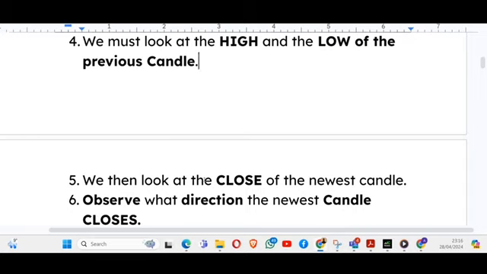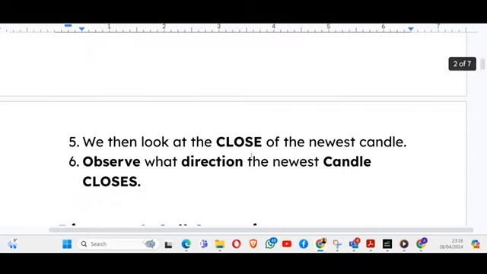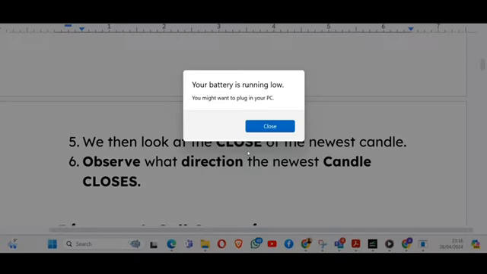We can see the close. We then want to see what direction Saturday's candle closed. We're looking at the daily now. Remember that scenario, that's a picture painted. So we then want to observe the direction at which Saturday's candle, which is candle 2 in this scenario, closes.